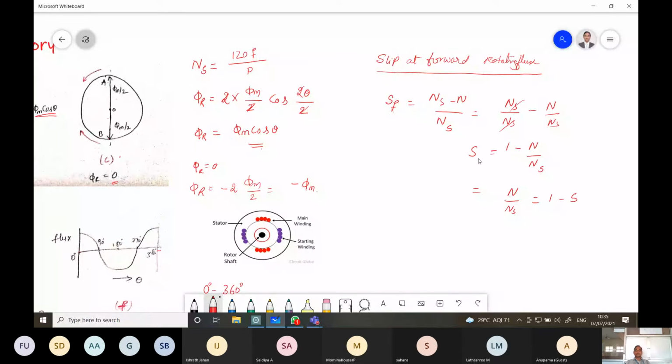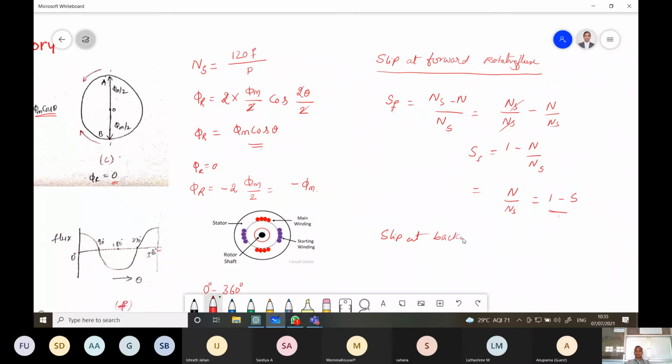So slip at forward rotating flux is equal to 1 minus s. That is, n by ns, the ratio of rotor speed to the synchronous speed, gives 1 minus s.